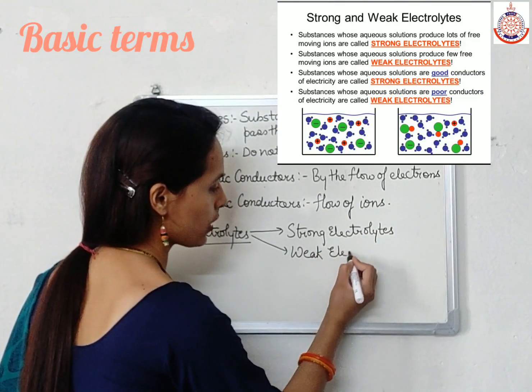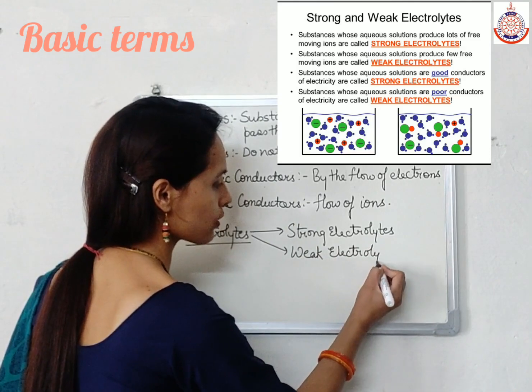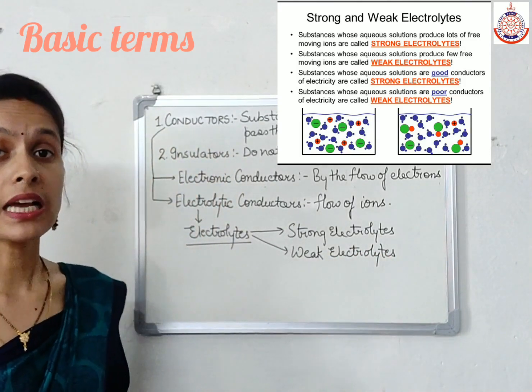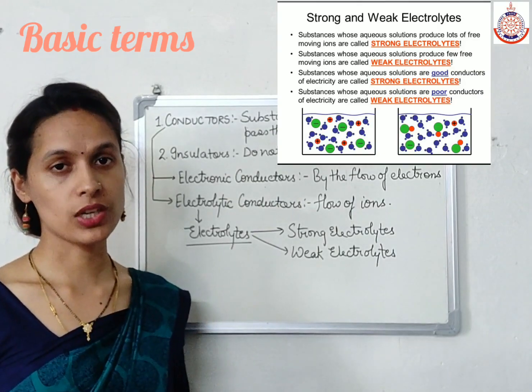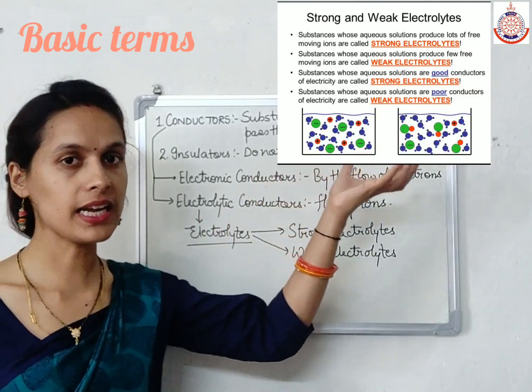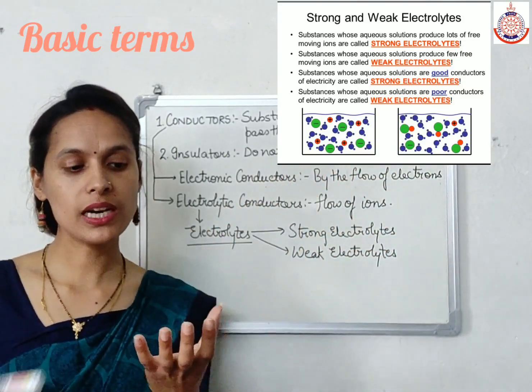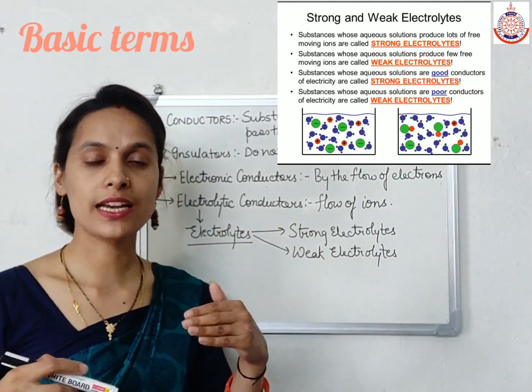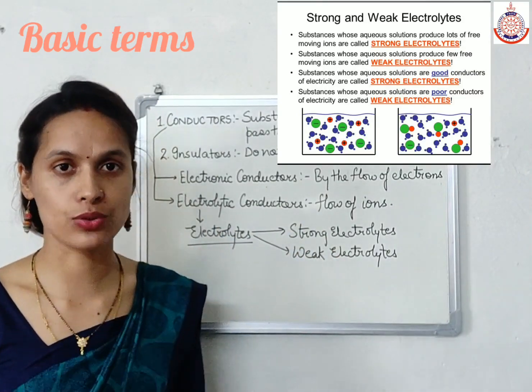Now what are strong electrolytes? Strong electrolytes are those electrolytes which undergo complete decomposition by passing electricity. Whenever electricity passes through a strong electrolyte, it undergoes complete dissociation.